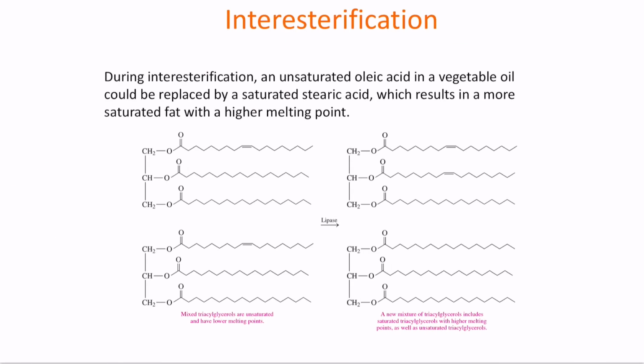So in interesterification, we use the enzymatic reaction so that an unsaturated oleic acid in a vegetable oil is replaced by a saturated stearic acid. Remember that we are not altering the double bonds; we are actually changing the entire structure of the carbon skeleton itself.